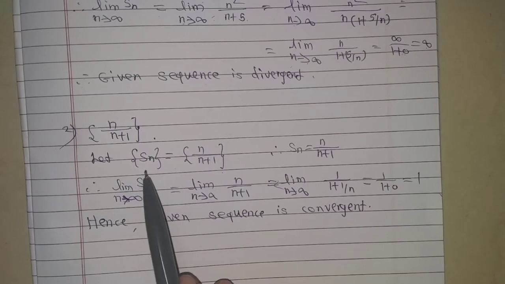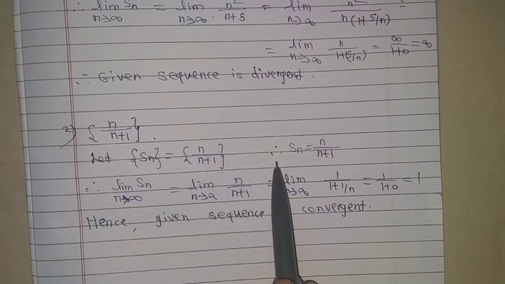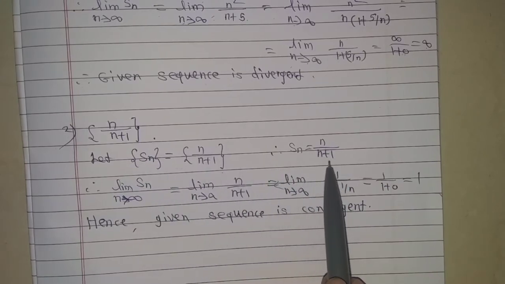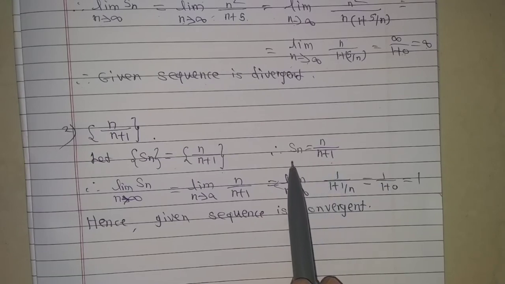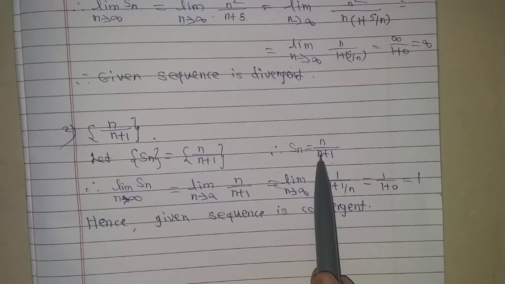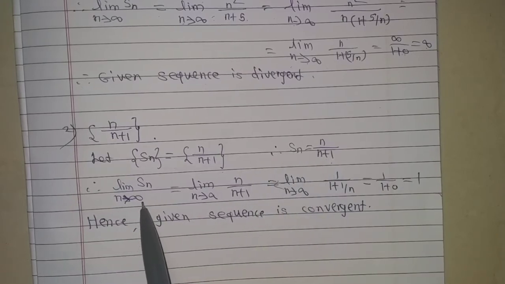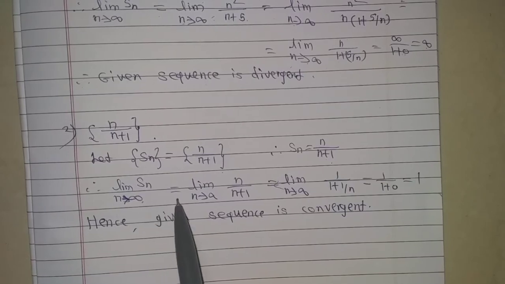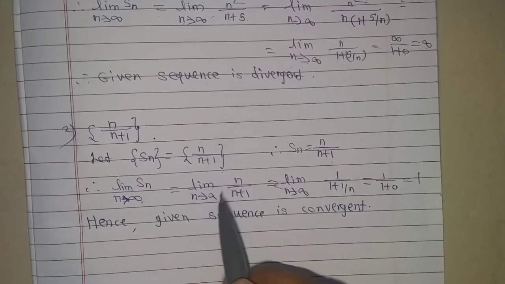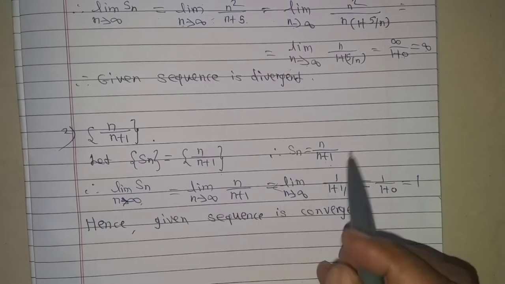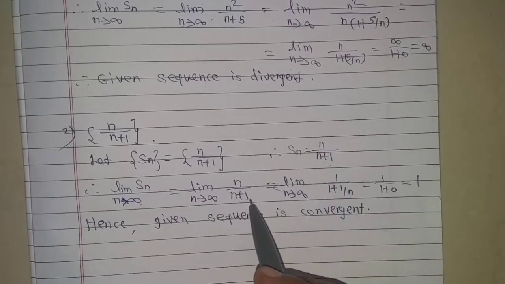Here we denote Sn equal to n upon n plus 1. Now we take the limit of both sides as n tends to infinity. Hence, limit of Sn as n tends to infinity equal to limit n tends to infinity of n upon n plus 1.